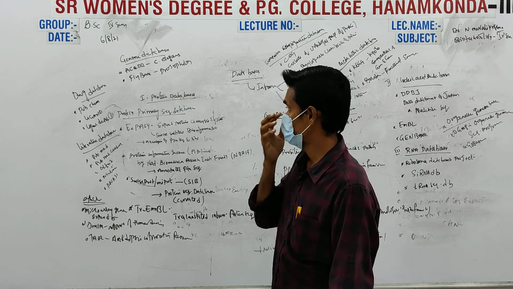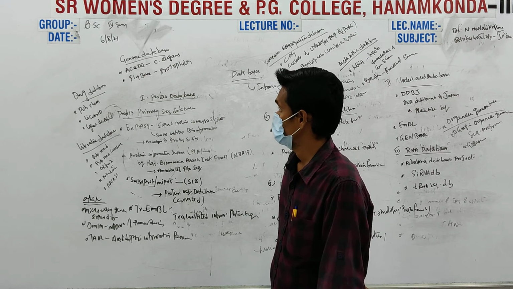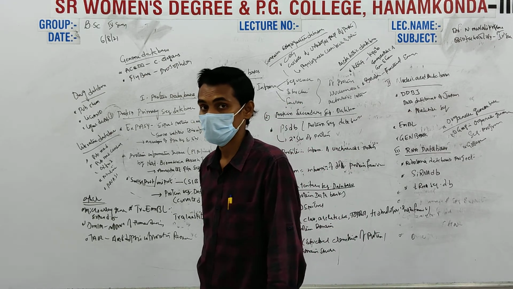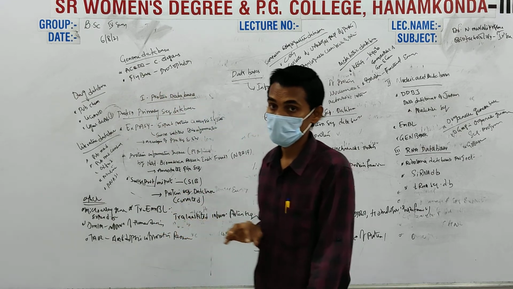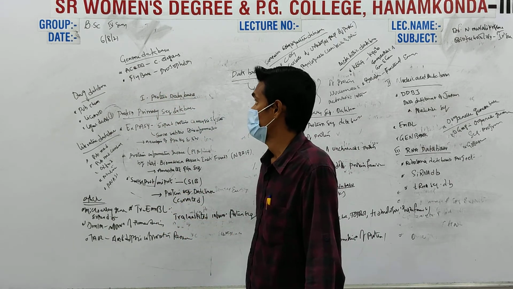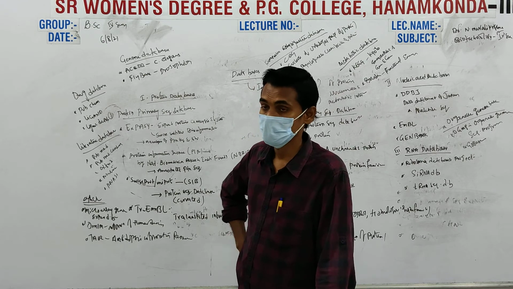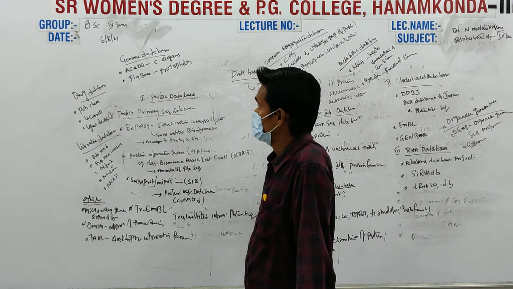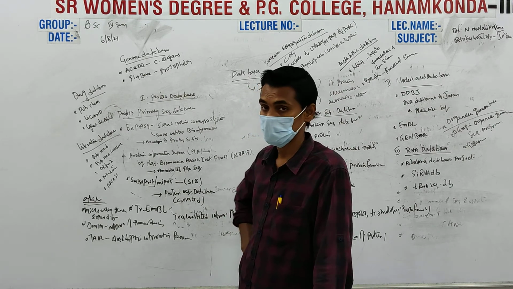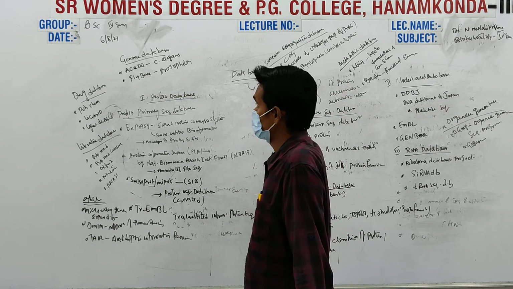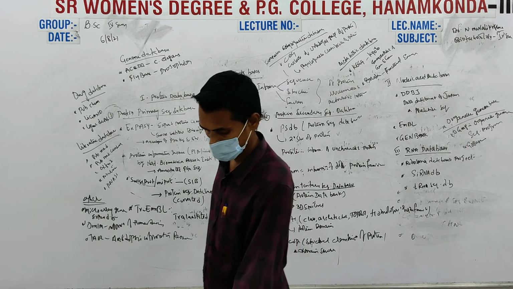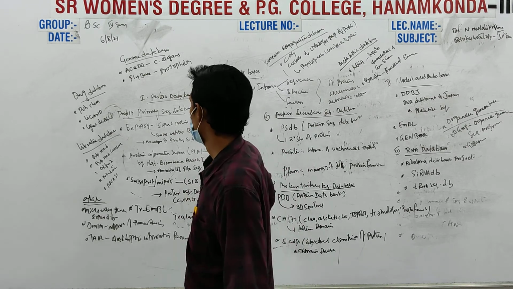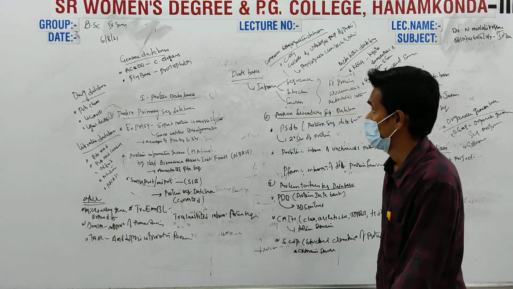Next, genome databases. These databases are specially for the total genome of an organism, which includes ACEDB, that is Caenorhabditis elegans, and FlyBase, which contains information about Drosophila.